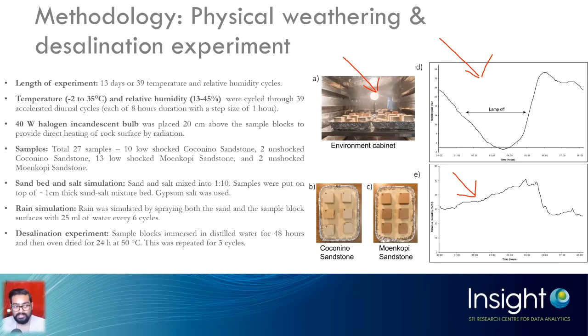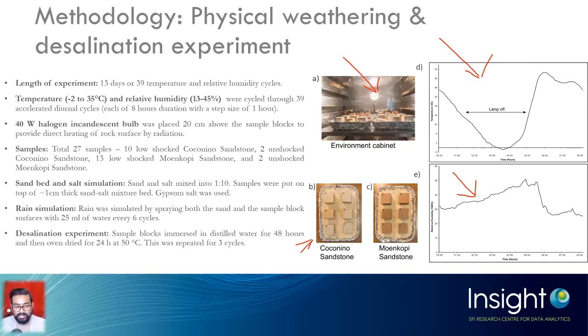We created a sand and salt mixture bed in a 1:10 ratio, which was 1 centimeter thick, and we used gypsum salt, which was also found at the Meteor Crater site. We put our samples on top of this sand and salt bed.